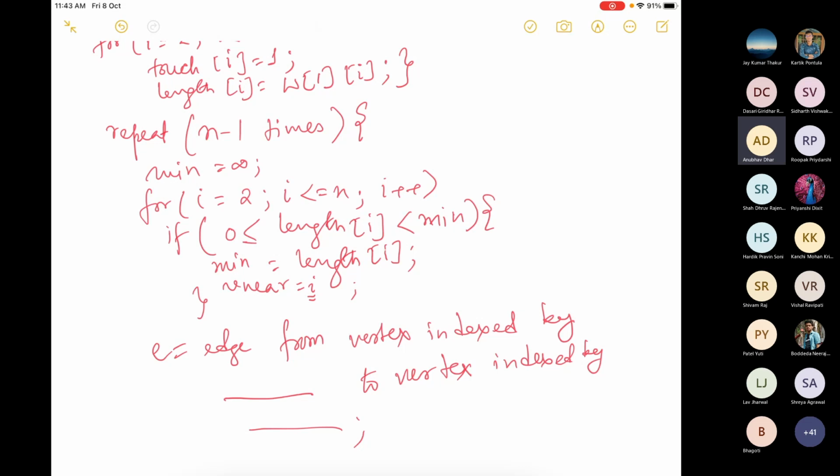The touch of vnear to vnear. That edge will be added.